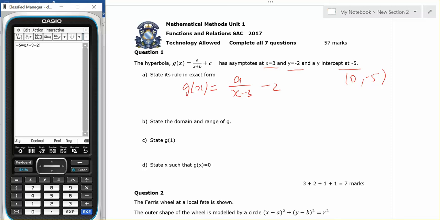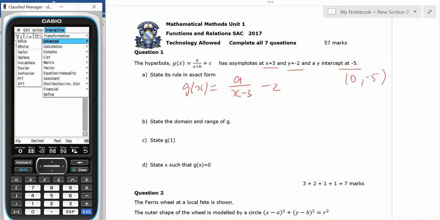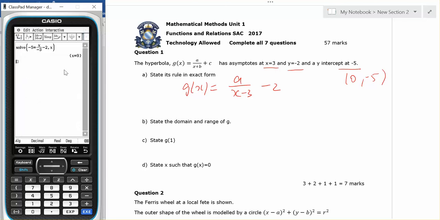Okay, so interactive and solve. For a, essentially, a equals 9. So your final equation would be g of x equals 9 over x minus 3, minus 2. Done. Okay, so a equals 9 when you solve it.